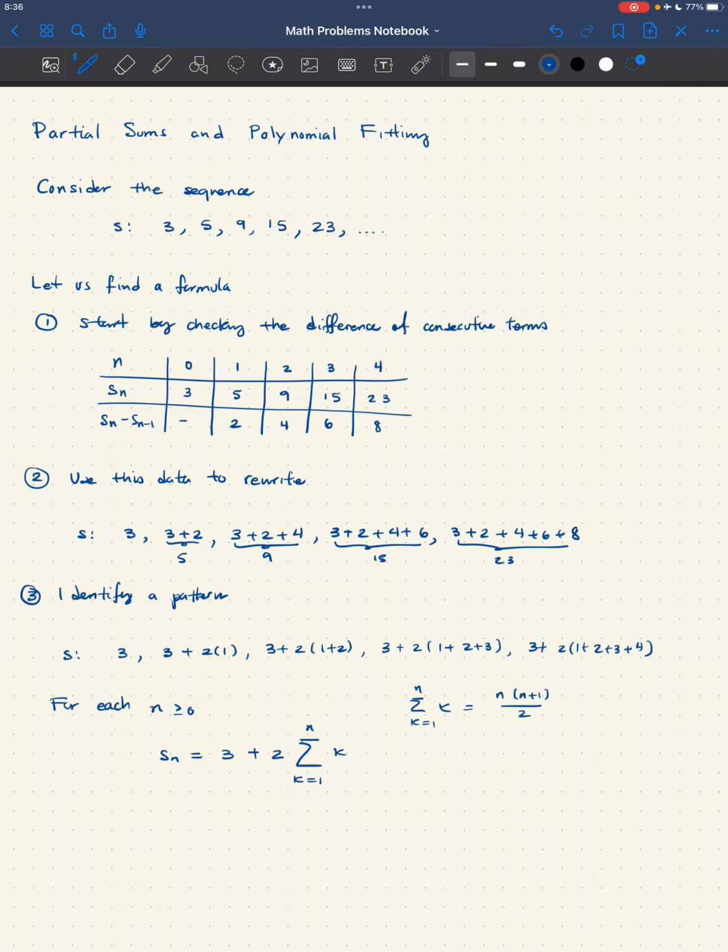But in this case, this says that this is 3 plus 2 times n times n plus 1 divided by 2. You may also simplify it to n squared plus n plus 3, which turns out to be a quadratic polynomial in n.